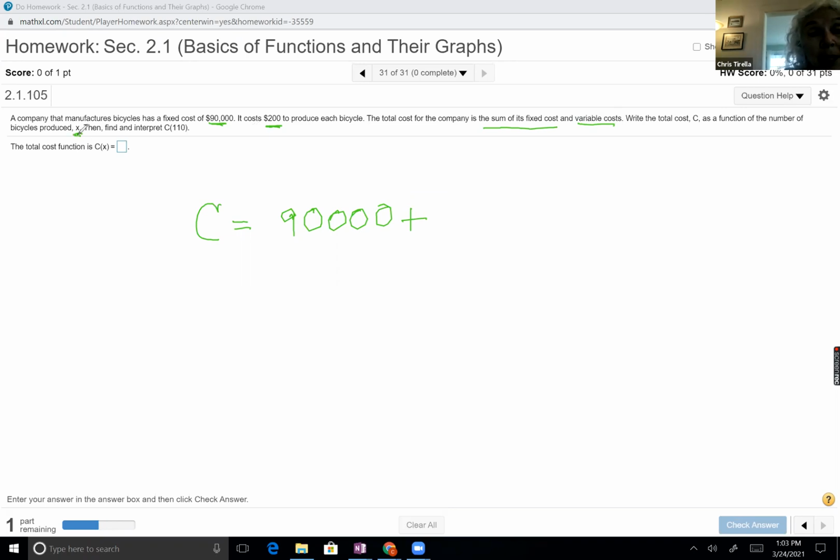And so if I'm making X bikes, wouldn't that mean it would be $200 times the number of bikes? And because we're calling this a function, rather than just saying that C is equal to that, we're going to say C of X is equal to that. And then they want you to substitute into your function to find C of 110.